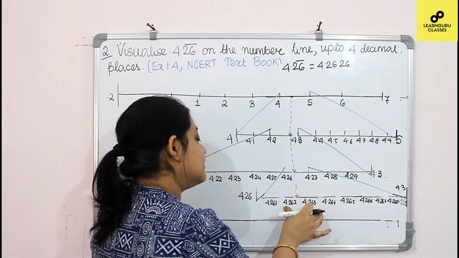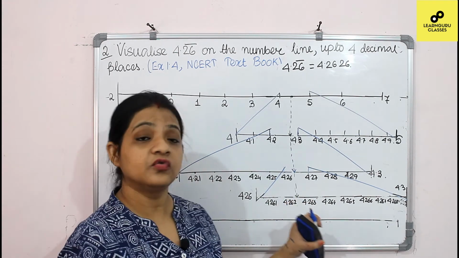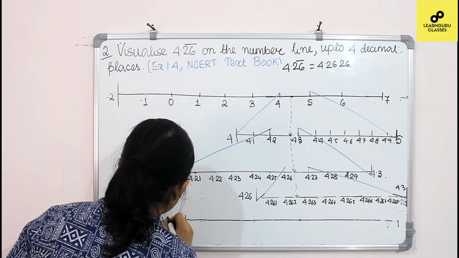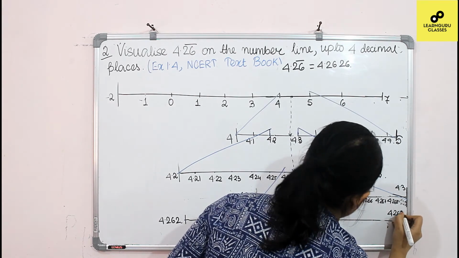Now again let us have an enlarged version of the area between 4.262 and 4.263. So this is 4.262 and this is 4.263.